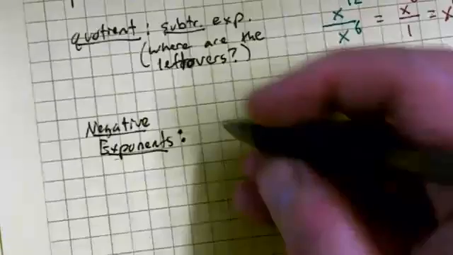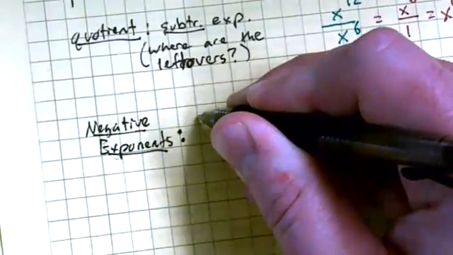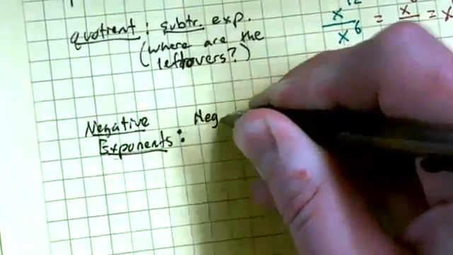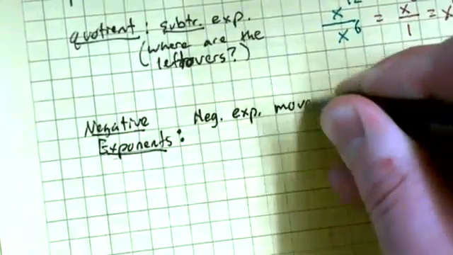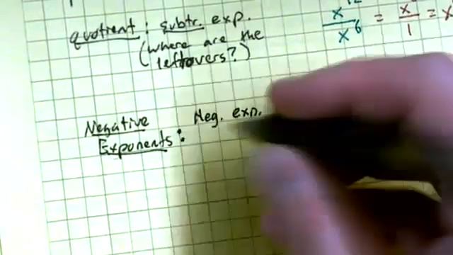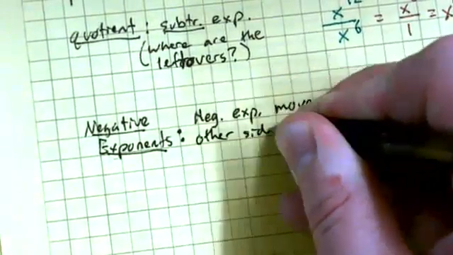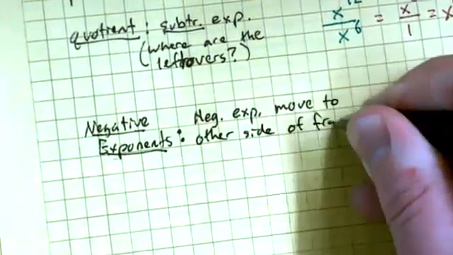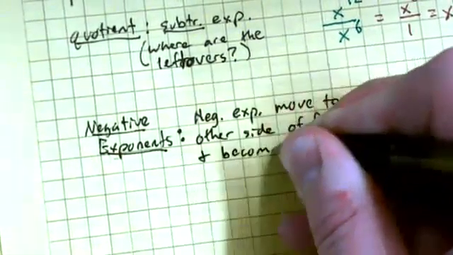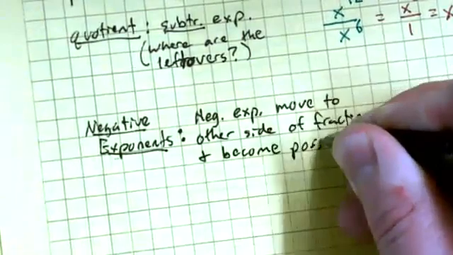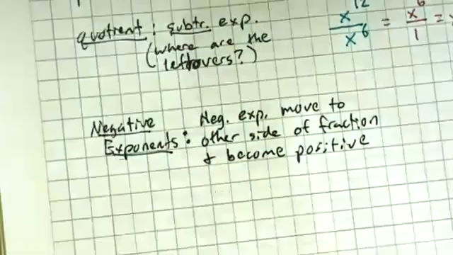I'm trying to think of how I can abbreviate that so I'm not writing so many words. Negative exponents. I like to put 2. Other side of fraction and positive. That's basically it.